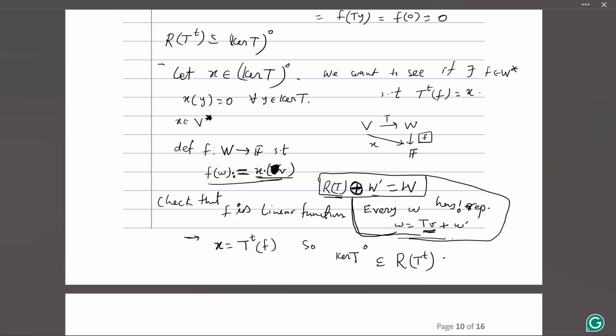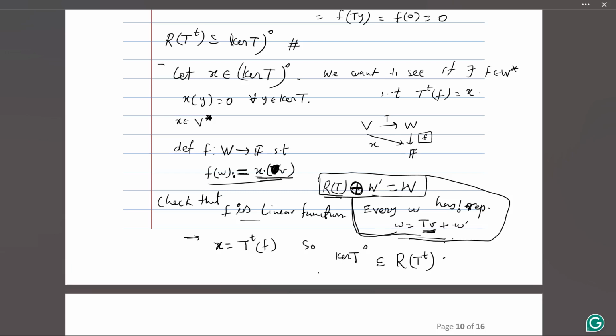Okay, so this is done in the class. You look there. I will write here. I have got a little space. Why it is well defined, and this is a linear functional. This is true because X is a linear functional. But Tv has got a representation, right?